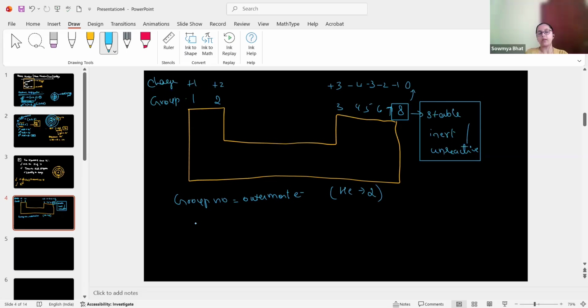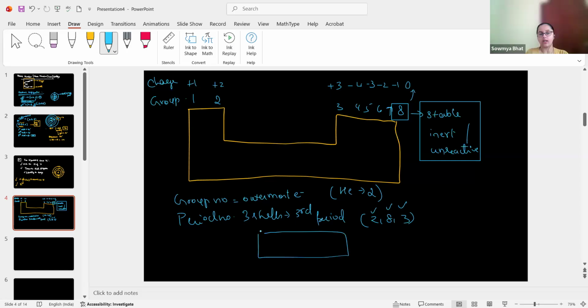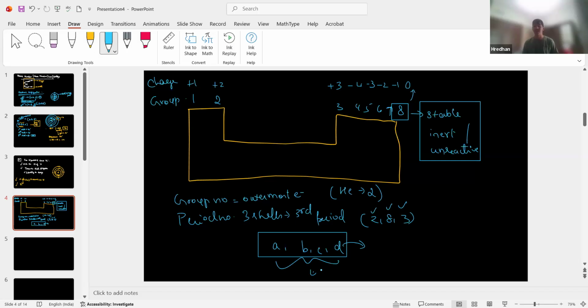If I speak about the period number, whenever I write the configuration, let's consider I have written 2, 8, 3. There are three shells, so it belongs to the third period. This is how you identify it. Not every element has three shells; it depends on how many separations you do, that many shells.